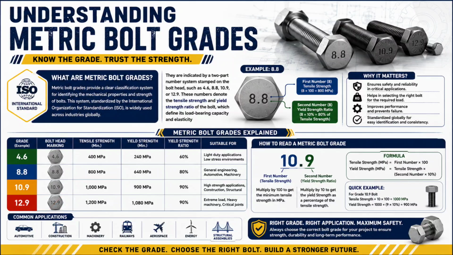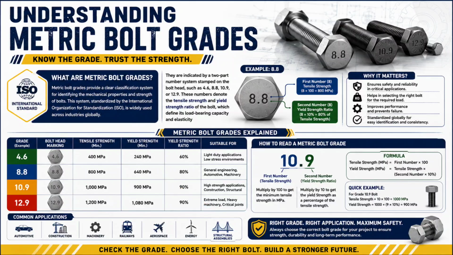The second number 8 represents the yield strength ratio. It is calculated as 8 into 10%, that gives you 0.8. 0.8 multiplied by 800 gives you 640 MPa or 640 Newton per millimeter square.